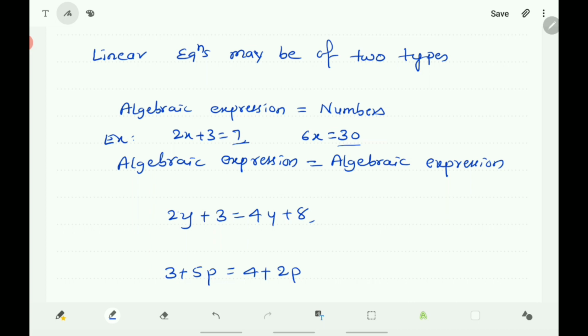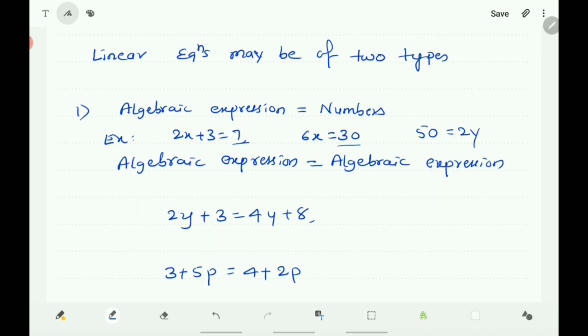Take the second one, 6x equals 30: 6x is the algebraic expression on the LHS and 30 is the number on the RHS. You can take 50 equals 2y. One side a number is there and the other side an algebraic expression is there. So this is one type.